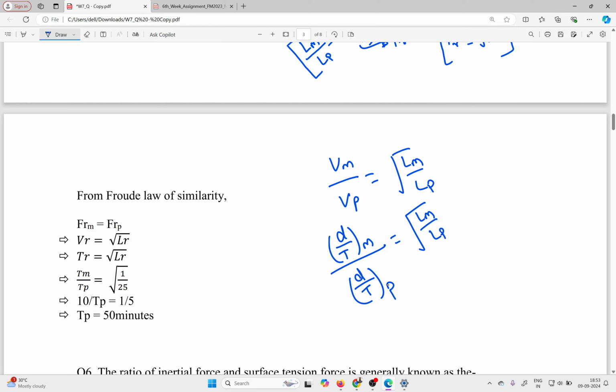So your Tp will be like that. When you calculate the prototype, Tm is 10 into 1 by 25.